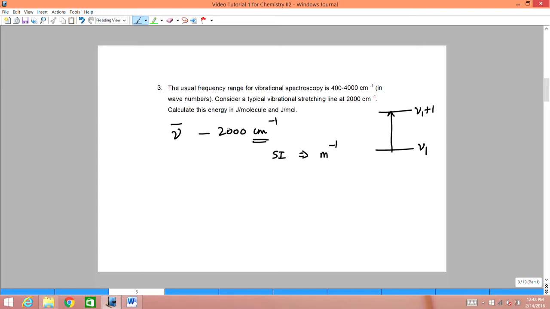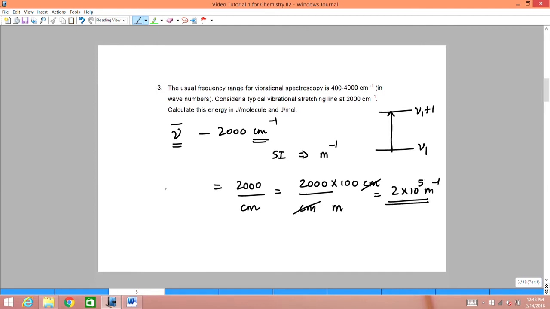Therefore, first of all, you need to make sure that nu bar is expressed in the right unit, namely, since it is 2000 by centimeter, it is essentially 2000 into 100 centimeter per meter, so that there is also centimeter here, that cancels off. So, what you have is 2 into 10 raised to 5 meter inverse.